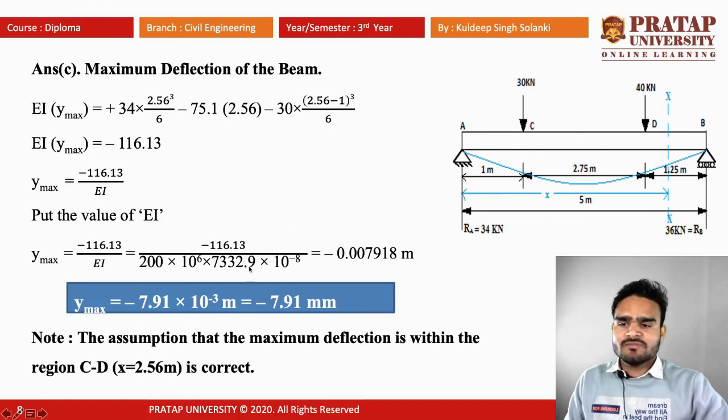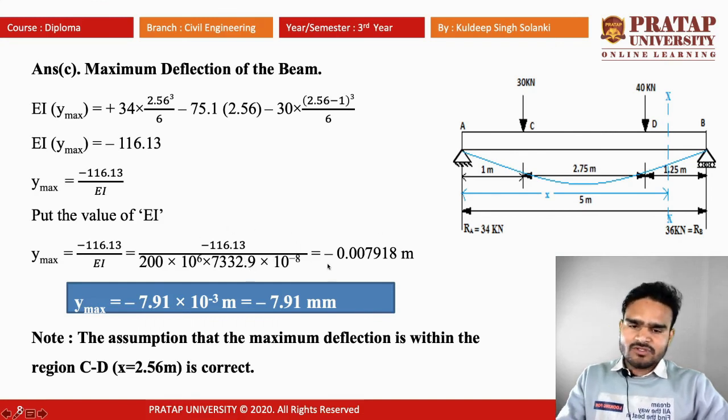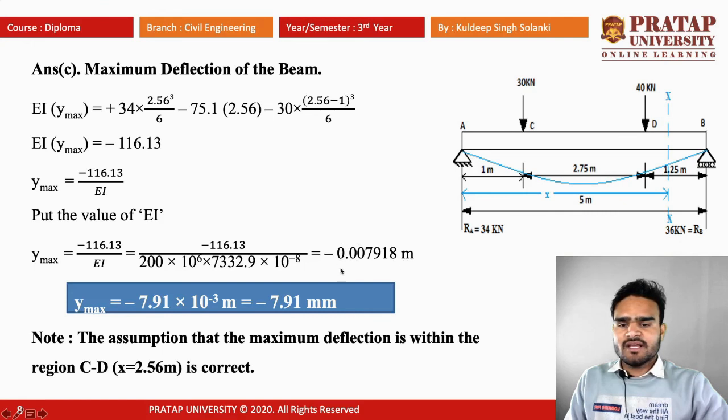After solving this term, we get the value minus 0.007918 meter. If you are converting to mm, then multiply by 1000.